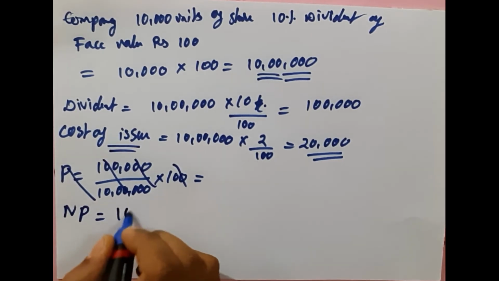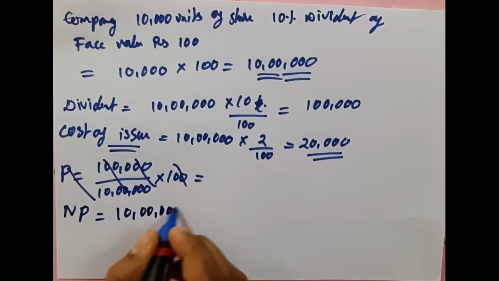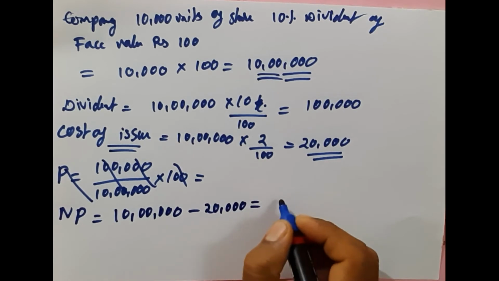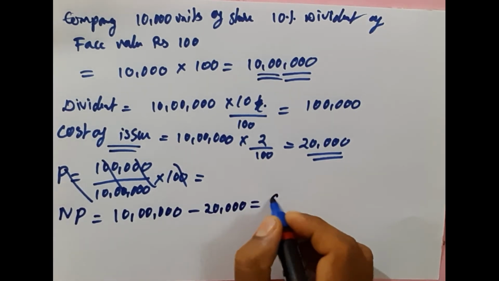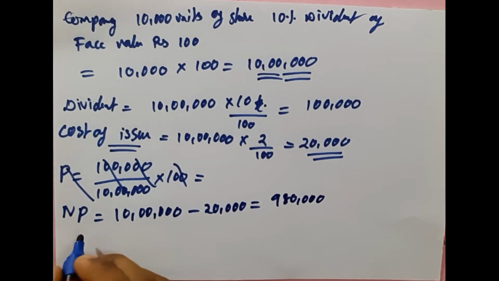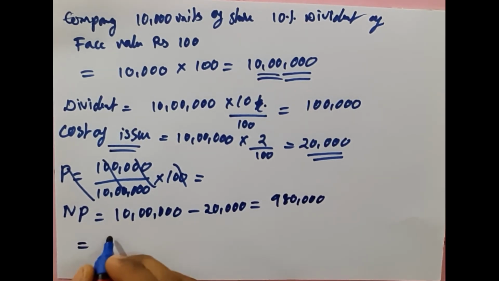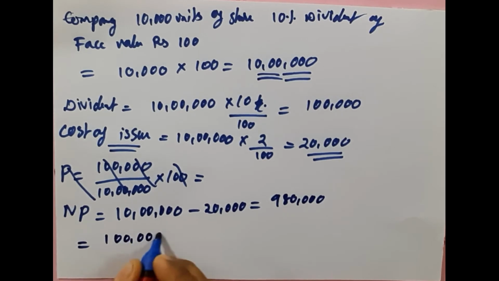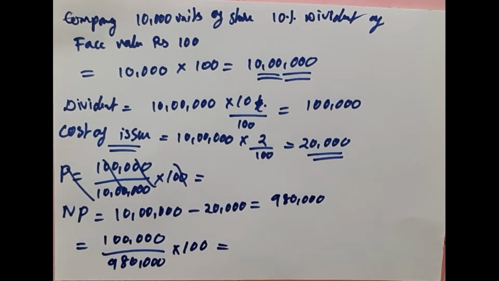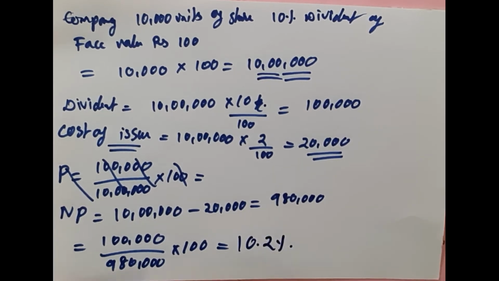Net proceeds is 10 lakhs subtract 20,000, equal to 9,80,000. Now apply the formula: 1 lakh divided by 9,80,000 into 100 equal to 10.2%.